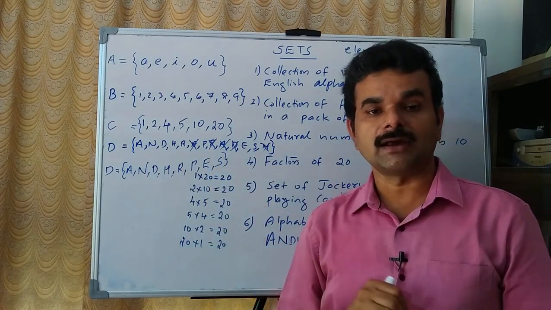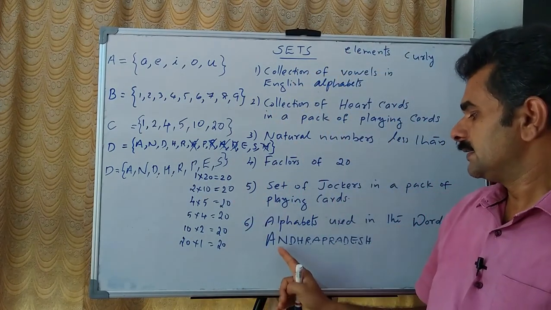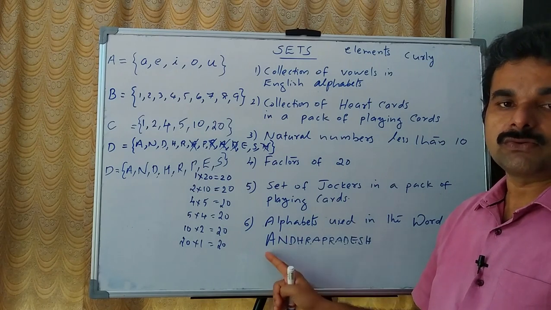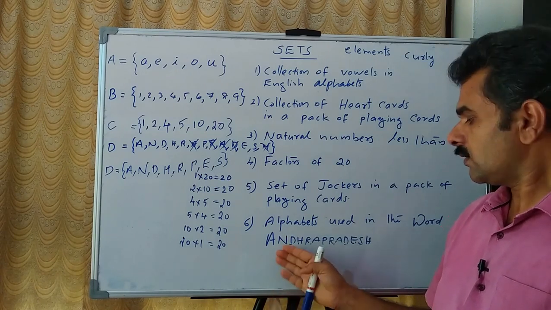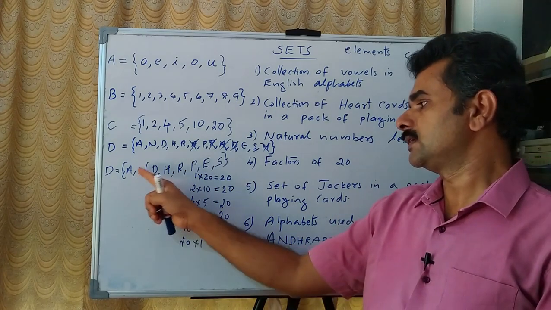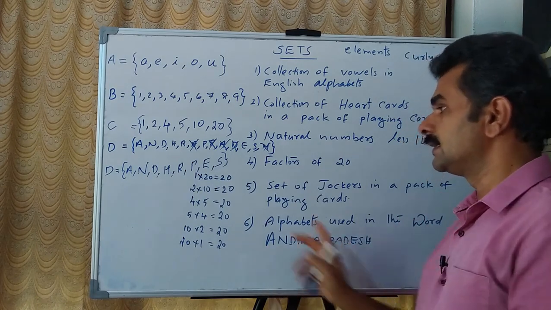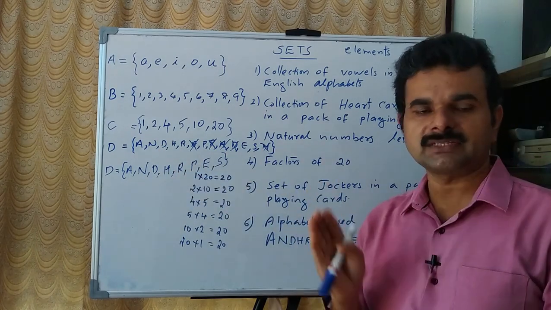Only 8 alphabets or 8 elements. So in the set of alphabets of the word Andhra Pradesh, there will be only 8 elements, not 13 elements. Okay, that is very important.